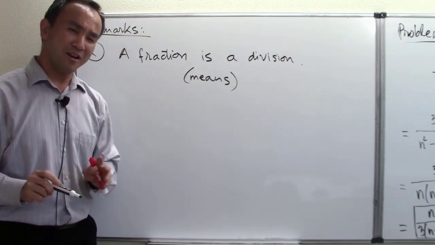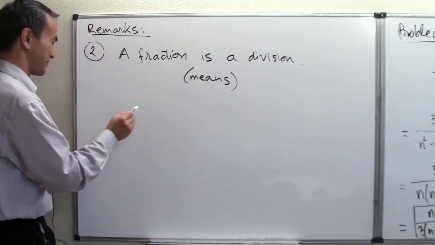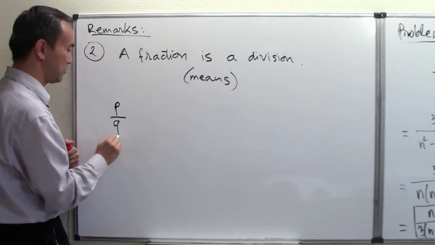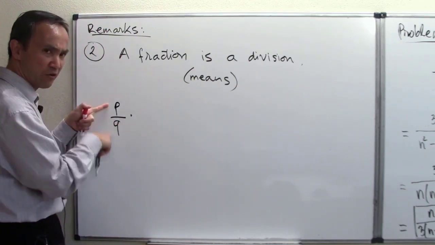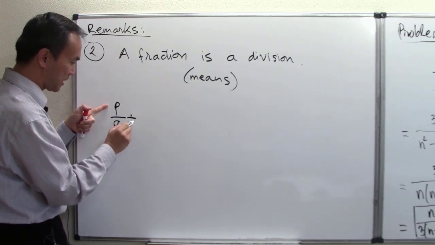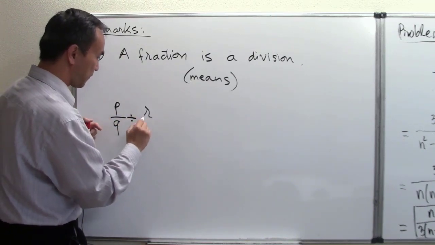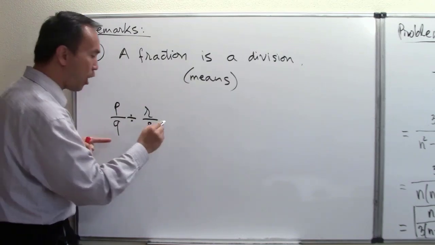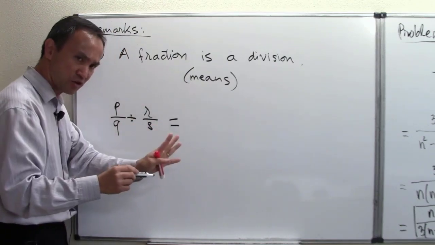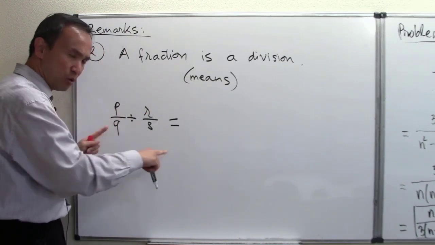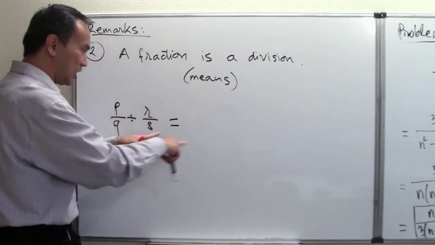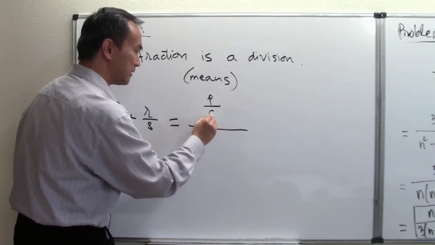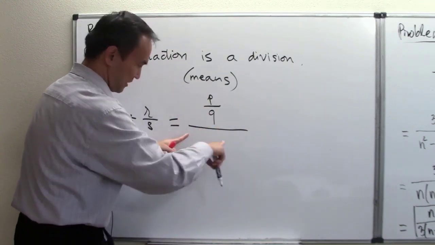And so a lot of times when you're having a division problem like this, say p over q divided by a fraction or rational expression, say r over s, this division also means, in a mathematical sense, we can write it with an equal sign. This division problem equals the result of having a bigger fraction.